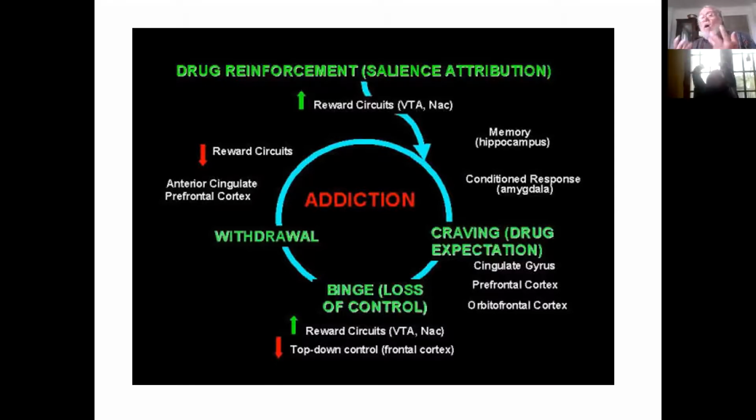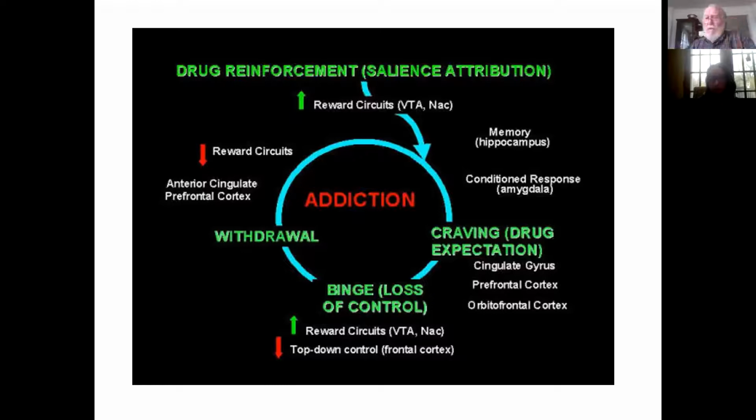And the other interesting thing is that when you do this, and then you do a rank ordering of the potency of the particular drug of abuse, the amount of dopamine that gets released is different.